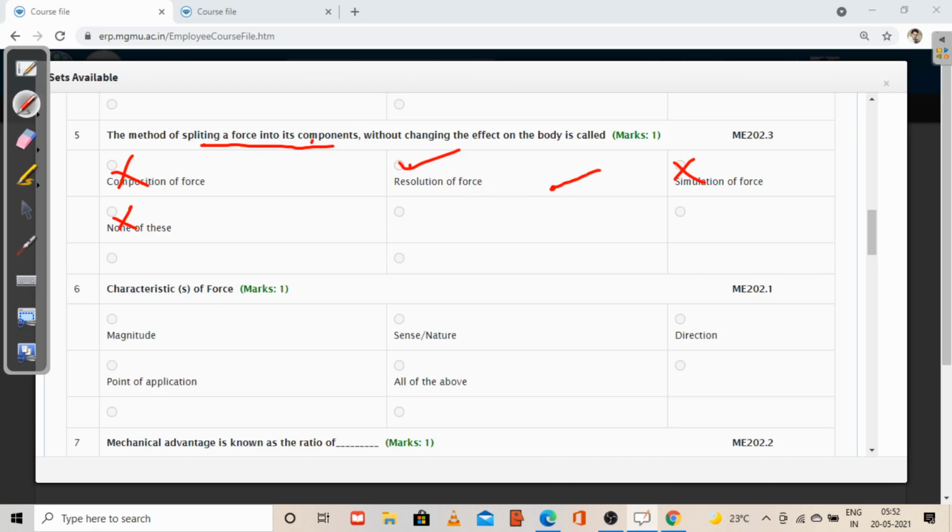Suppose there is a force F and we are splitting it into two components, Fx and Fy, then this method is called resolution of force. So splitting a force into its components is called resolution of force.